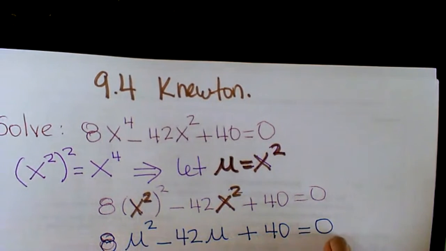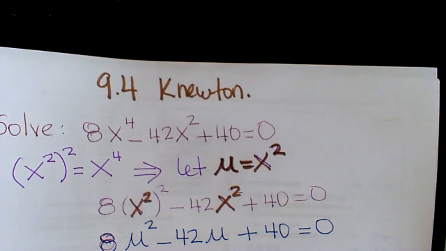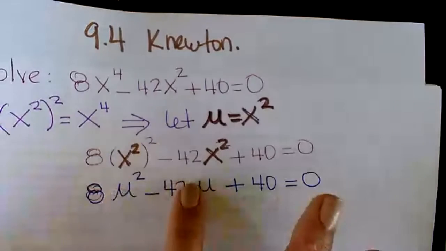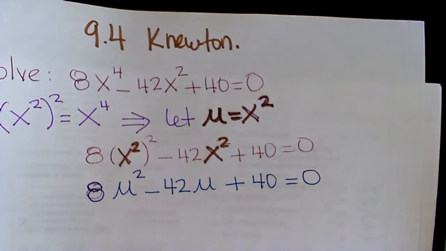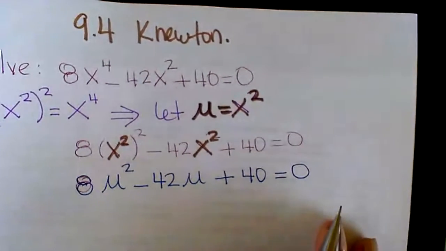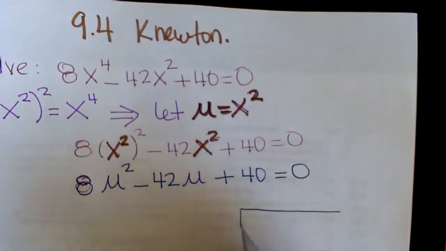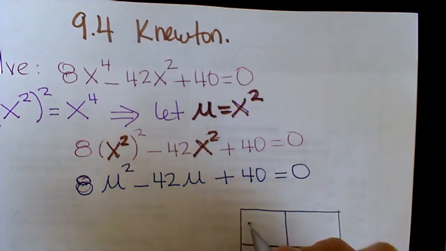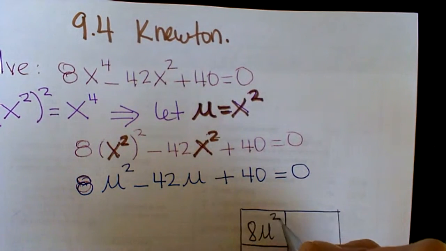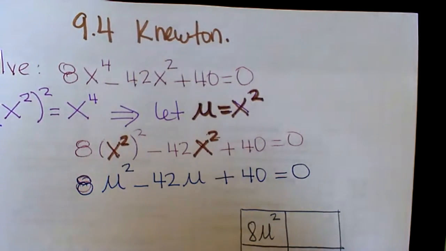Now I'm going to solve this quadratic equation. We're going to have to factor that, right? I will use my box. All right. So let's get the box here. So my box will be 8u squared and a 40, right?